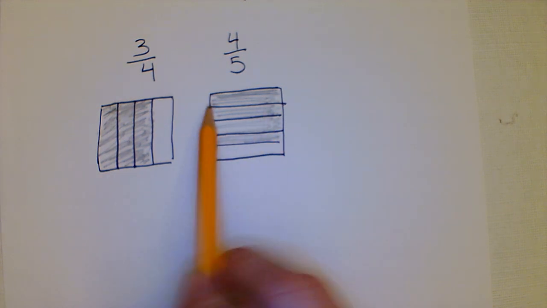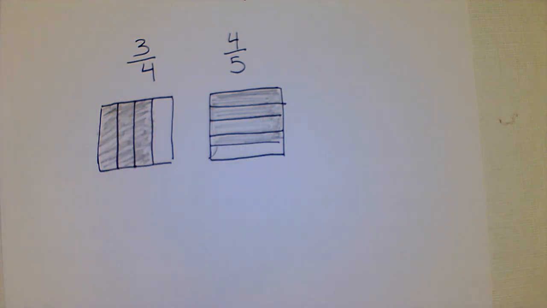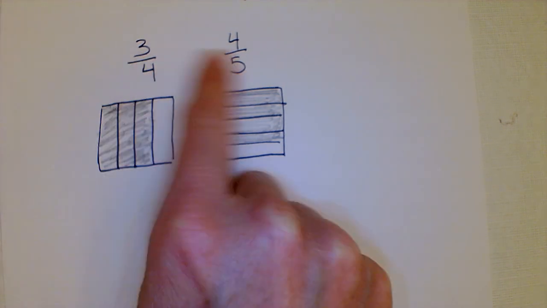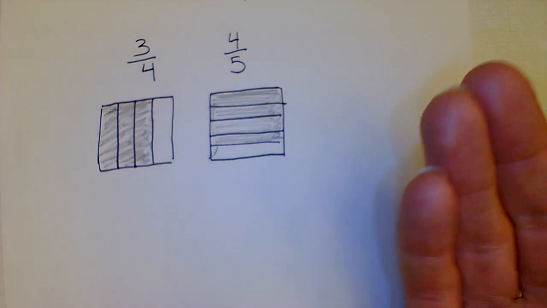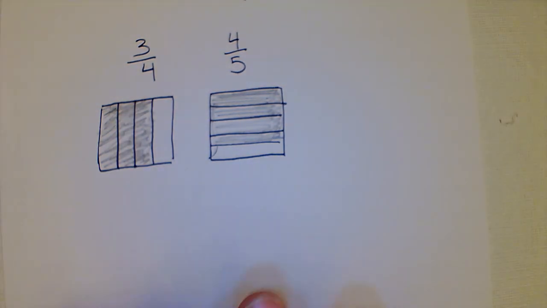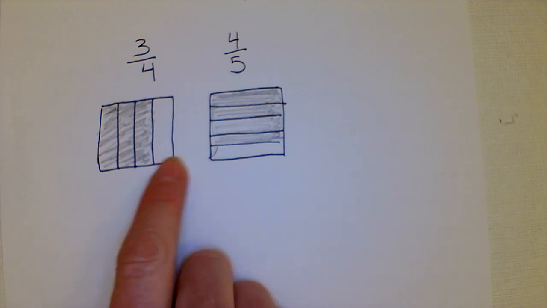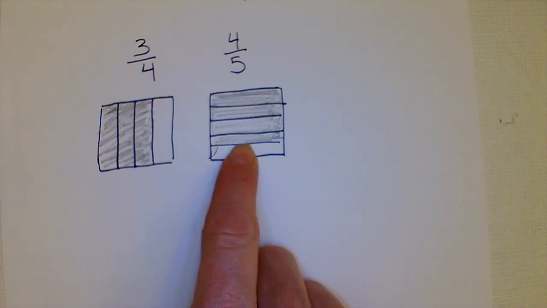So right now, comparing these wouldn't really work. They're not equal denominators. We don't have common denominators, we don't have common numerators, and these are unrelated. There's really not an easy way for me to look at these and know which one is larger, which one's smaller. Unless, of course, some of you might be saying, well, Dr. Karsten, I know that fourths are bigger than fifths, and this is 1/4 away from 1, and this is 1/5 away from 1.